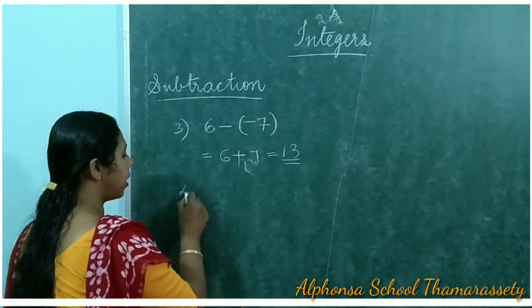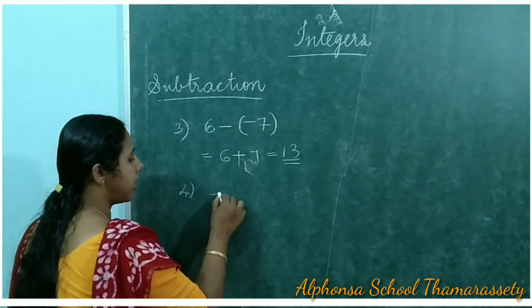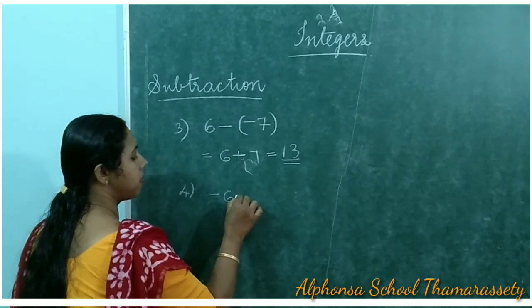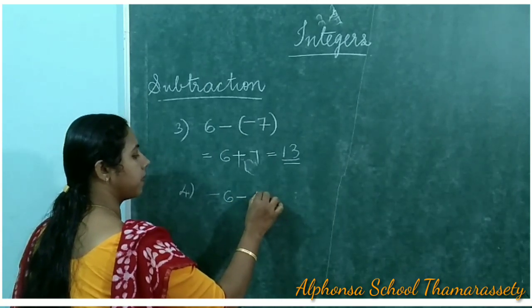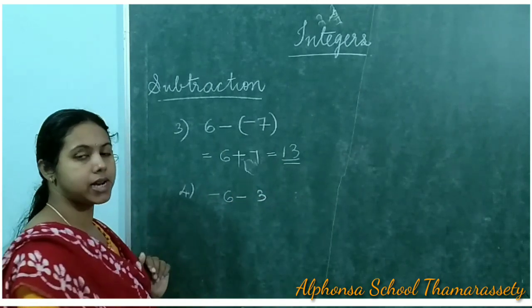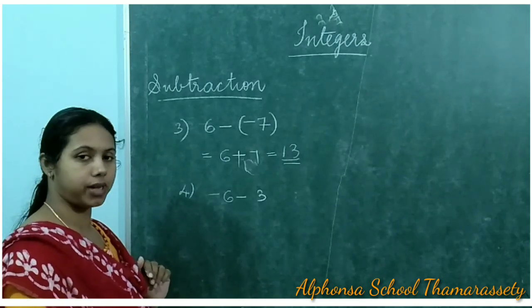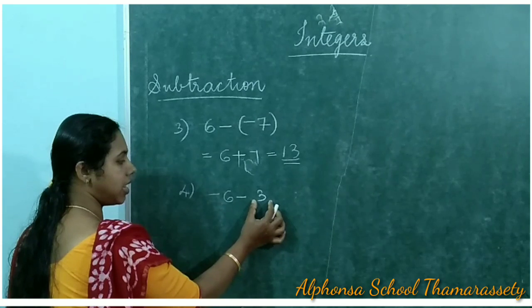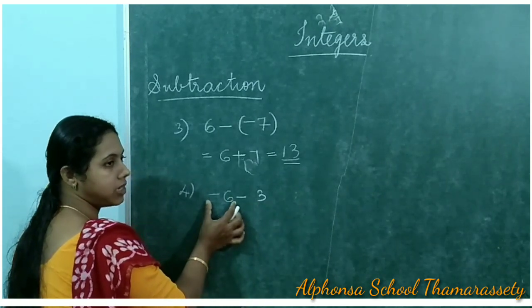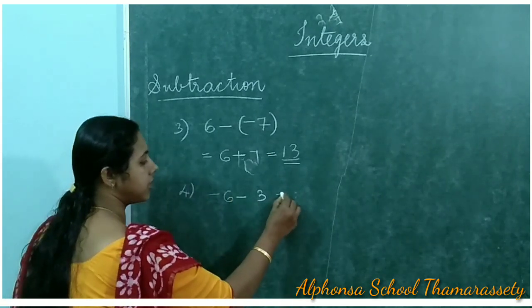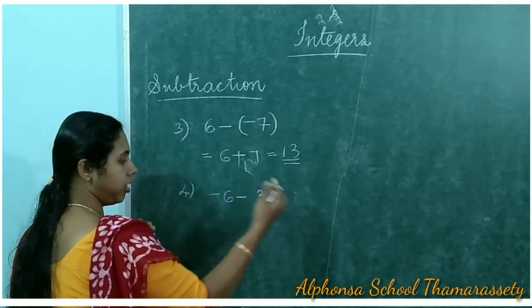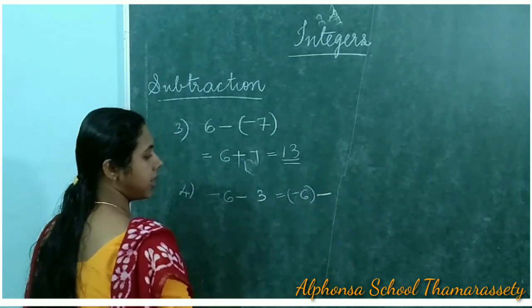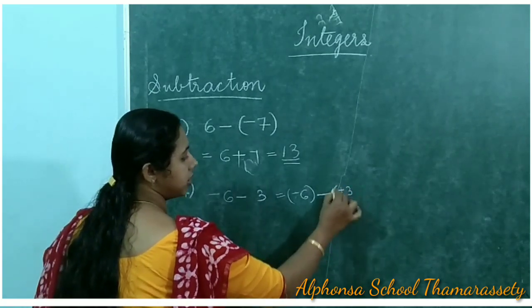And the fourth one, minus 6 minus 3. That means a positive integer 3 is being subtracted from a negative integer. So this question actually means minus 6 minus positive 3.